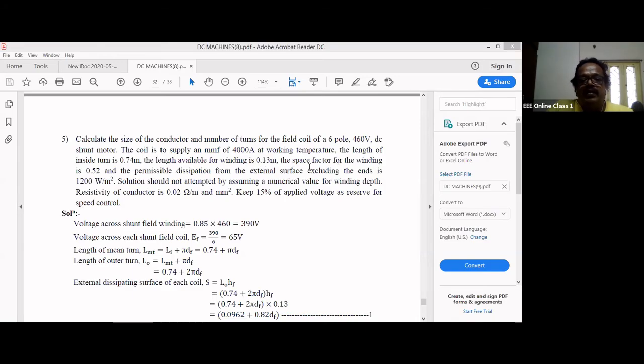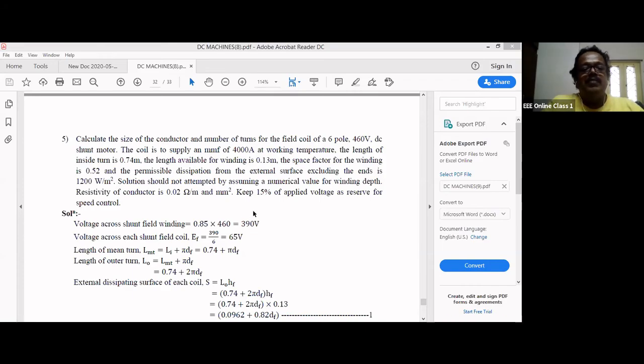The space factor for the winding is 0.52, and the permissible dissipation from the external surface, excluding the ends, is 1200 watts per meter square. The solution should not be attempted by assuming a numerical value of winding depth. Resistivity of the conductor is 0.02 ohm per meter mm square. Keep 15% of the applied voltage reserved for speed control.